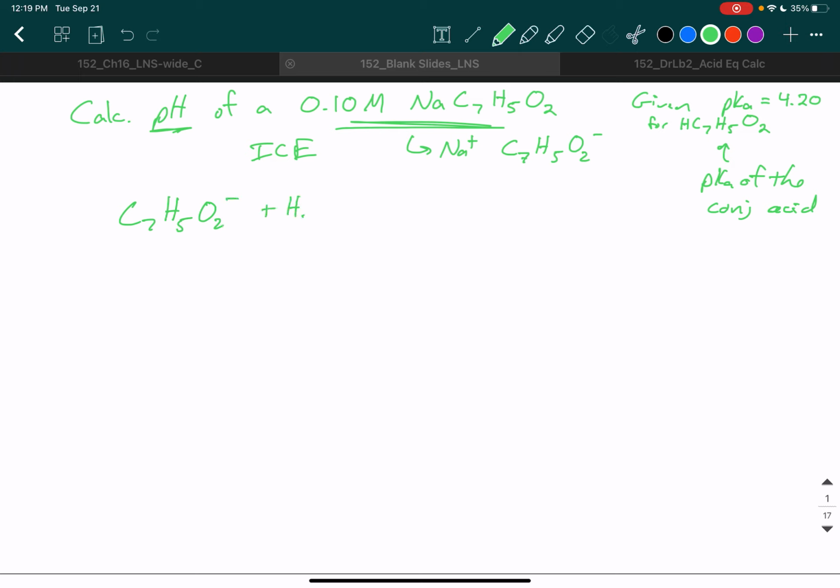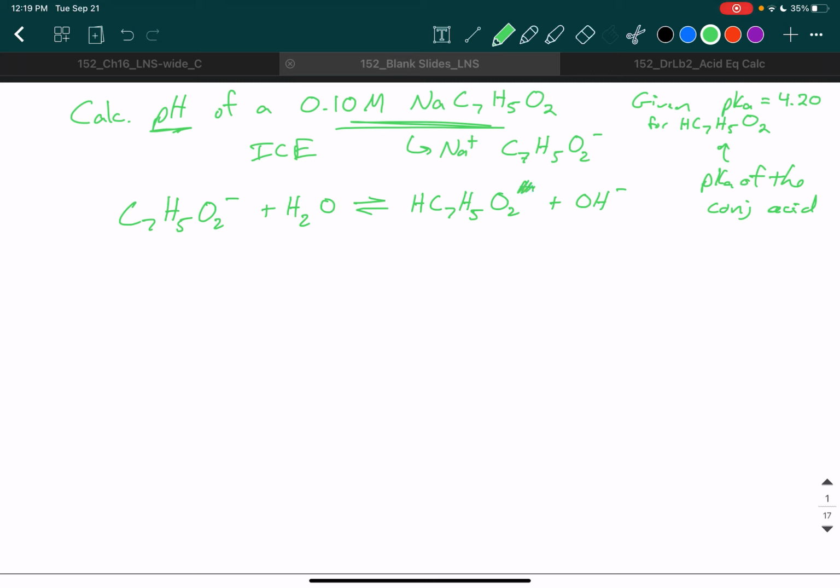Write a hydrolysis reaction. These anions are basic, so they're going to produce a basic solution. Hydroxide is produced. Hydronium is not produced in this.